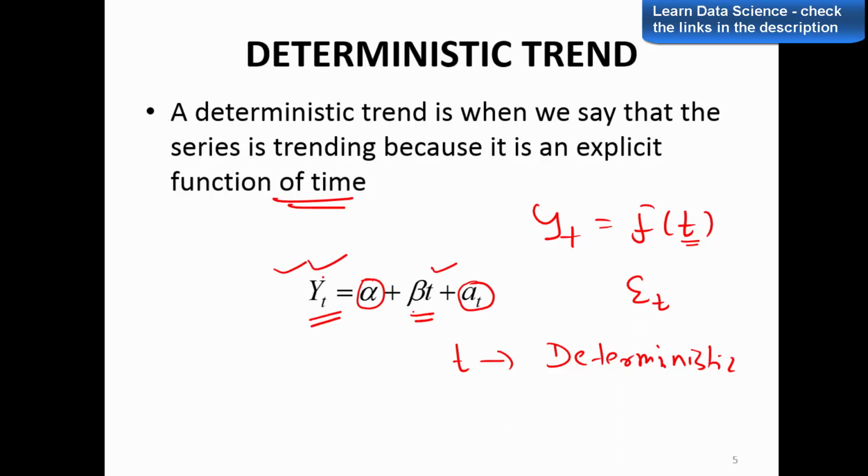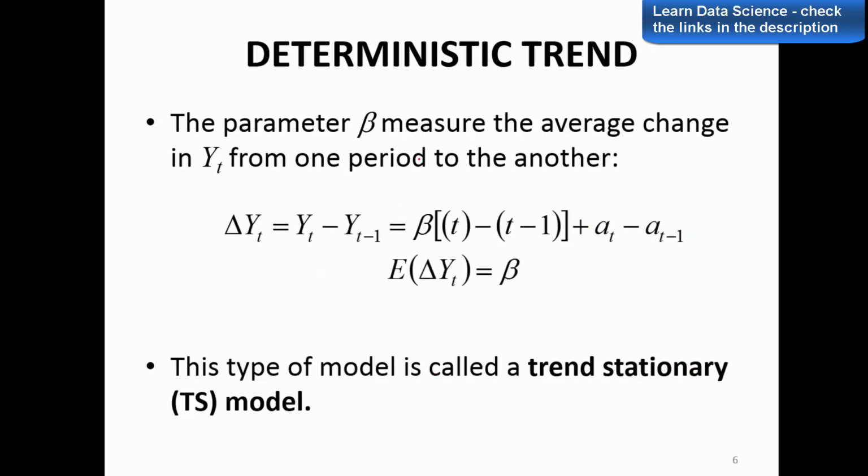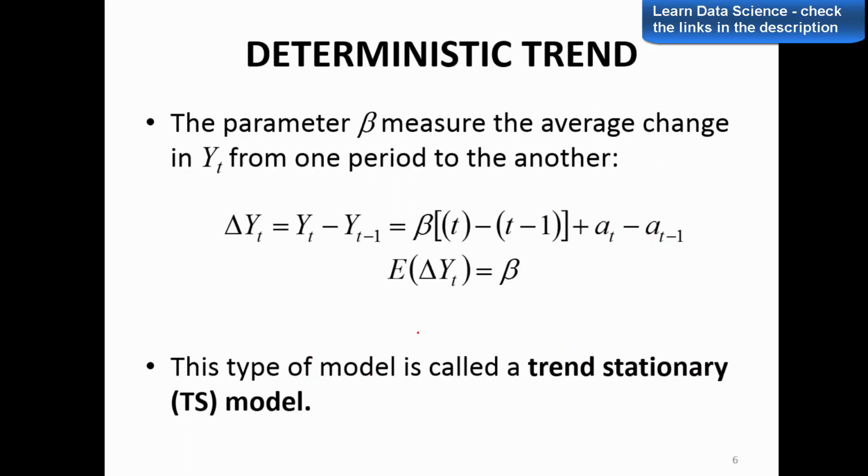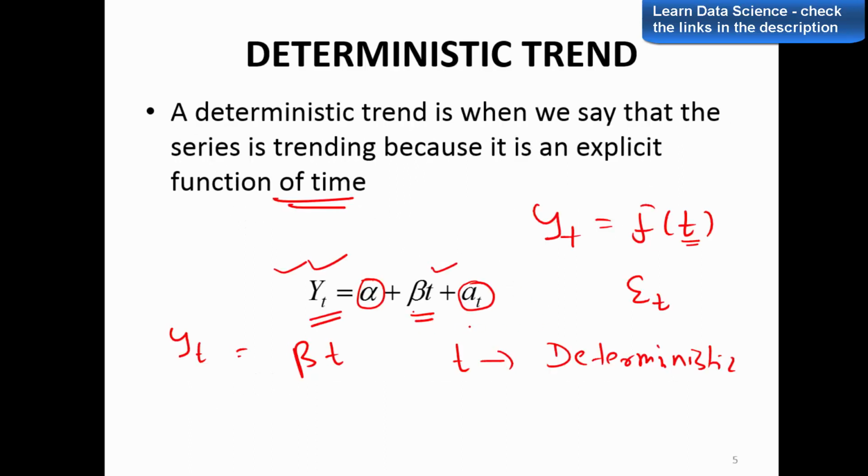All right, so we'll try to rephrase this equation a certain way. Let's say we take yt and yt minus 1.